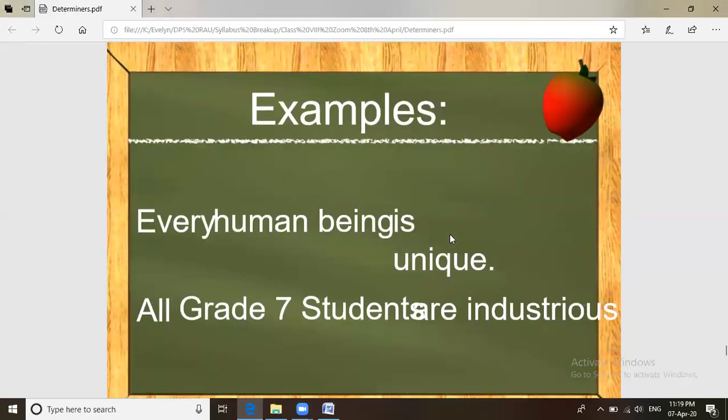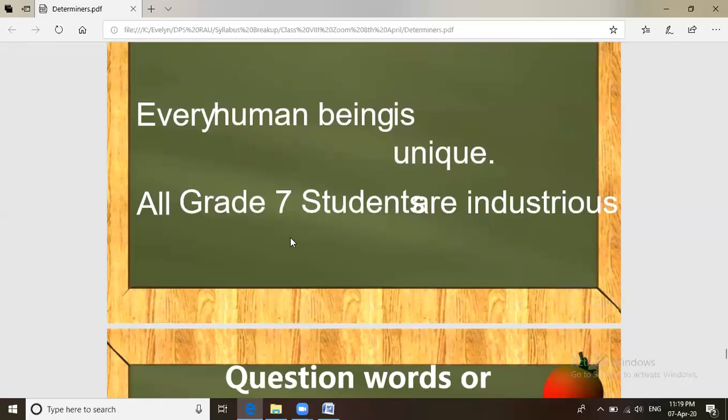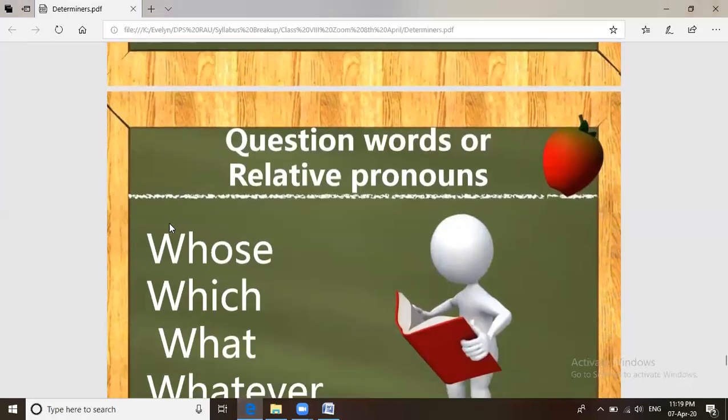Examples: every human being is unique. So human being is a group and every is every single part of that group. Then again, class 7 students is a group that you're talking about. All means everything that is there in that group.